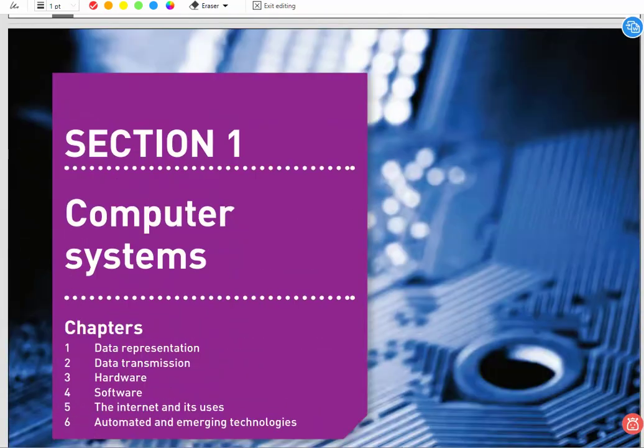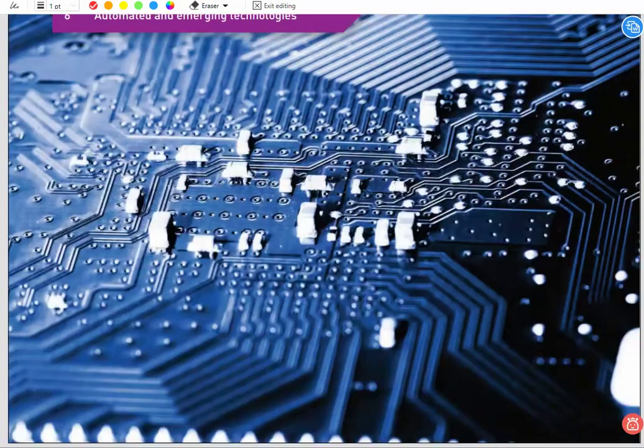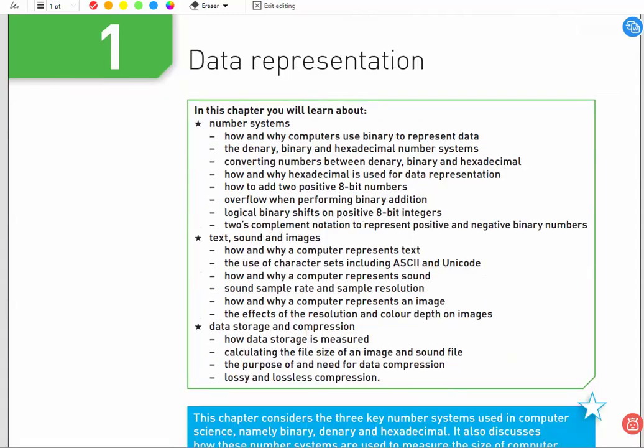Here we come, section 1, computer systems, and it contains 6 chapters: data representation, data transmission, hardware, software, internet and its users, and automated and emerging technologies. So first of all, we are going to look into data representation, and then we will move ahead one by one.